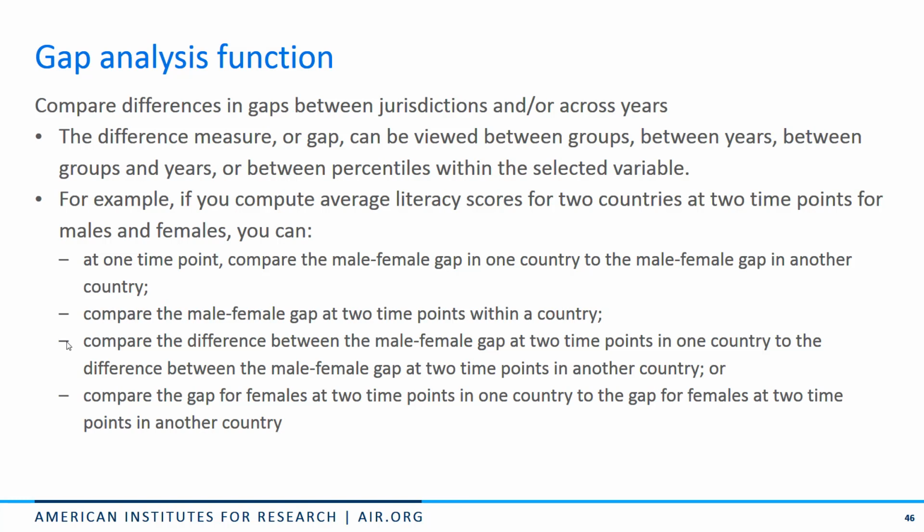The most basic type of gap analysis, if you compute average literacy scores by gender for two countries, for example, would be to compare the male-female gap, or score difference between males and females, in one country to the male-female gap in another country. The IDE can also produce testing for other types of gaps described on the slide, such as looking at the gap at 2 time points within a country.